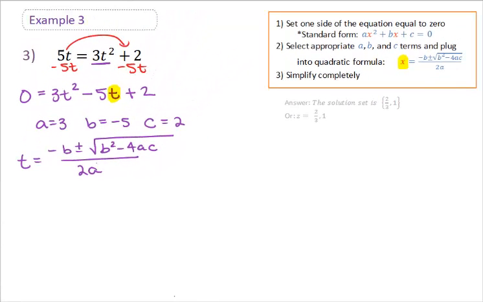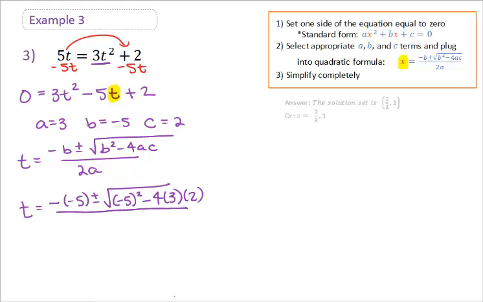Okay, now I'm going to plug in my appropriate terms. So I have t is equal to negative, and my b value is negative 5, plus or minus square root of my b squared, or negative 5 squared, minus 4 times a, which is 3, times c, which is 2, all over 2 times a, which is 3.